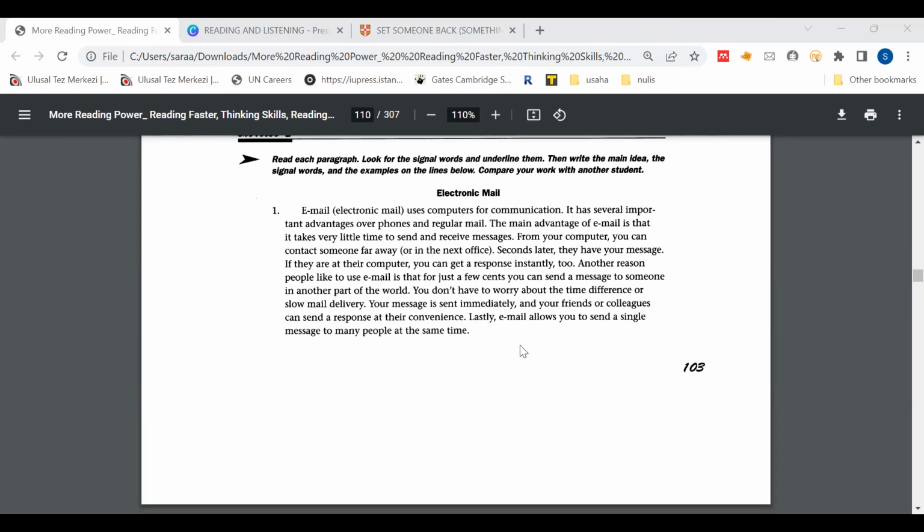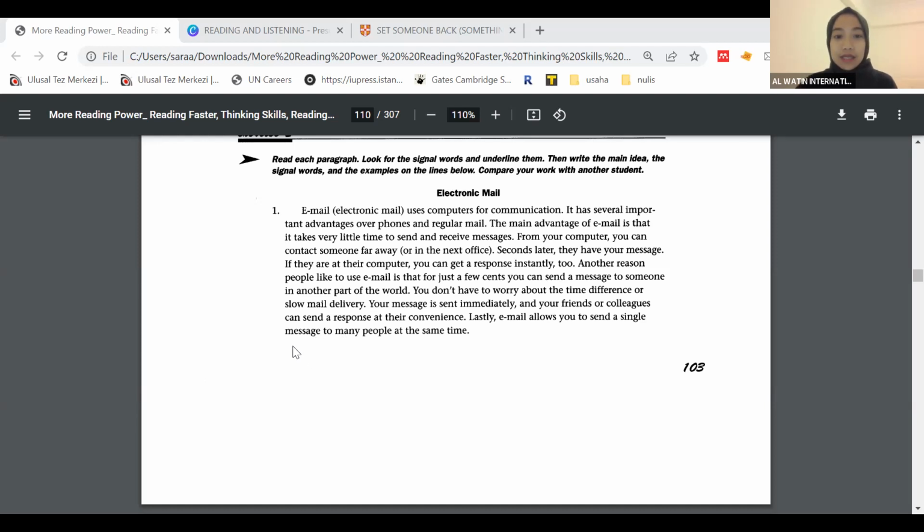Lastly, email allows you to send a single message to many people at the same time.